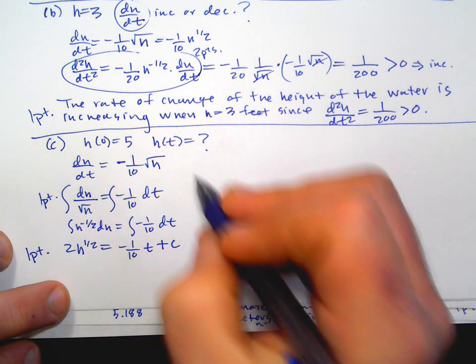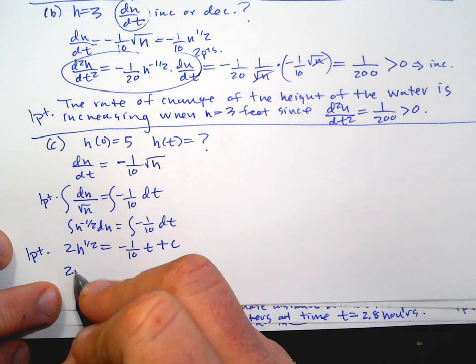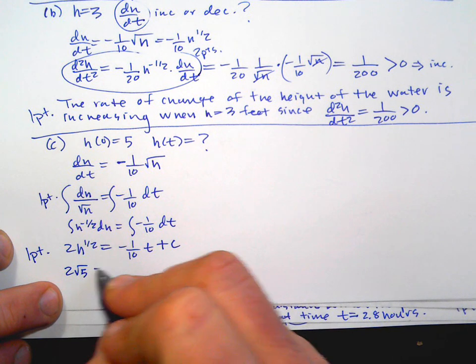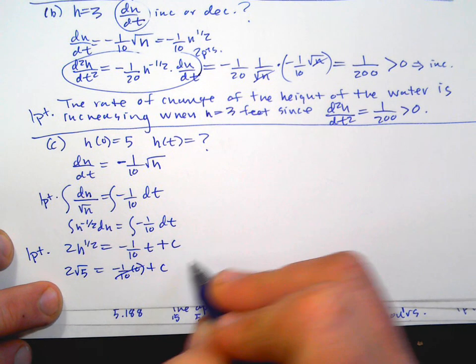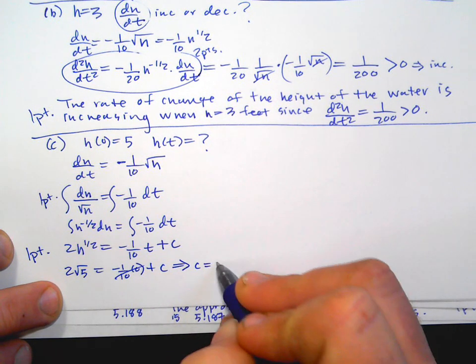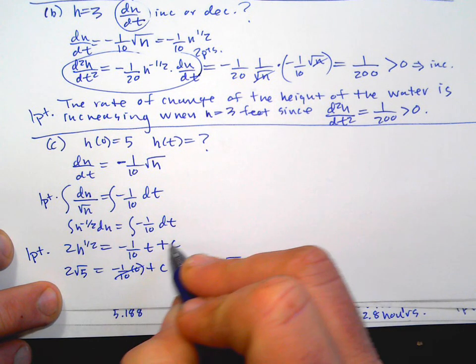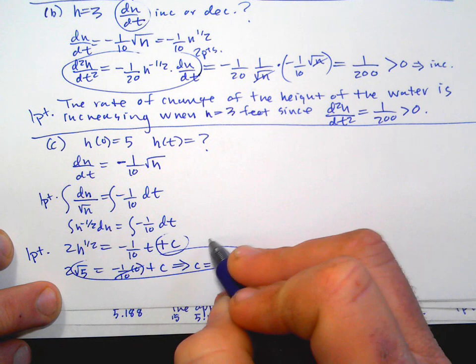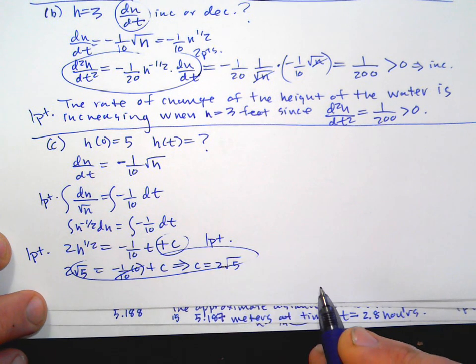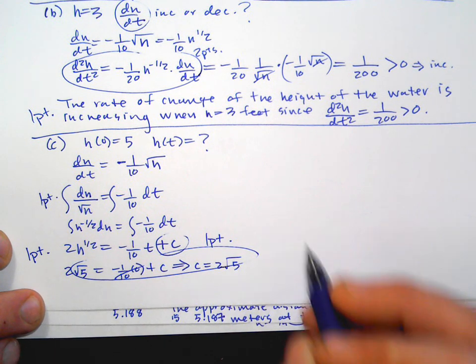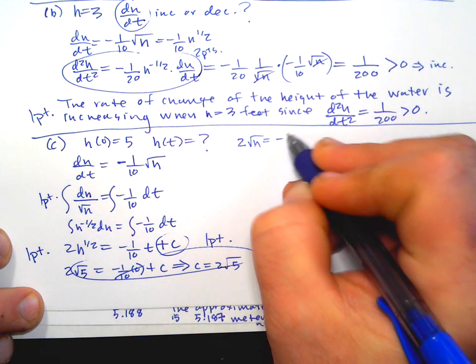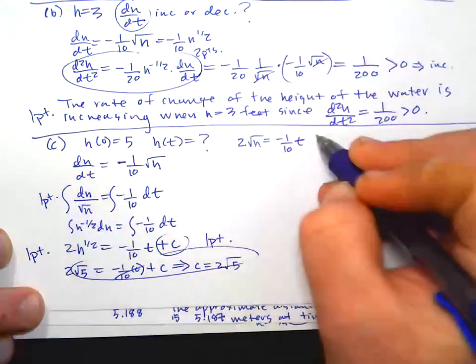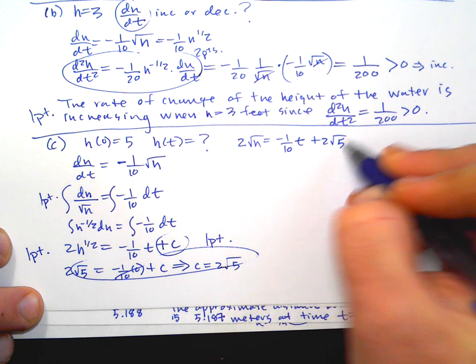So now we need to use the initial condition that they gave us. And so then c equals 2 root 5. So finding the plus c using the initial condition, that's worth a point. So then we're going to plug it back in. 2 square root of h equals negative 1/10 t plus 2 square root of 5.